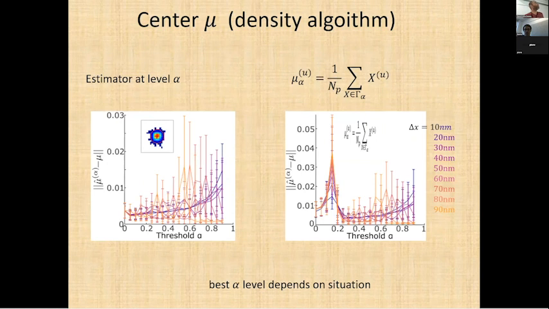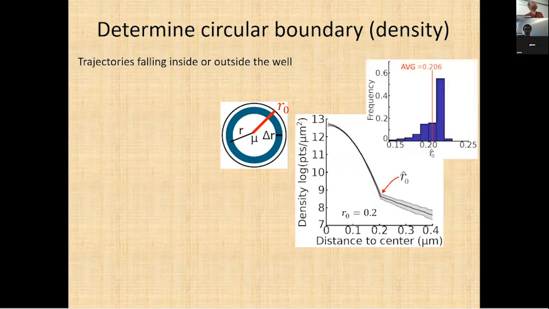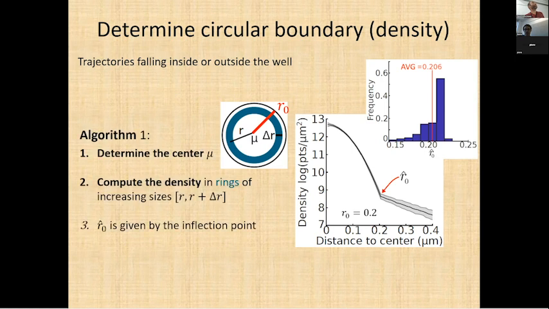I'm not going to discuss this in detail, but I'll give you an example of how you can determine a circular boundary. You look at what happens between R and R plus dr when you know the center. You expand R, and for each R you calculate this radius.